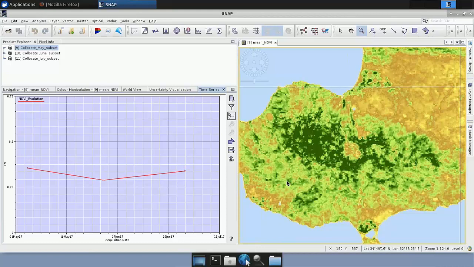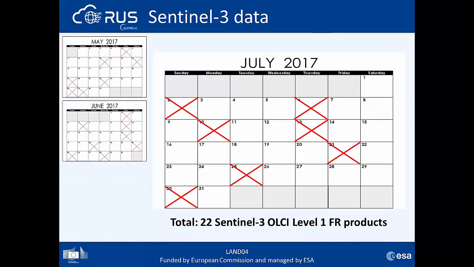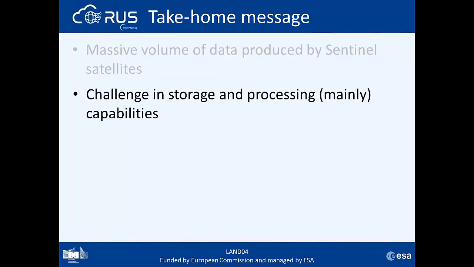I just want to now highlight a couple of take-home messages that I think are important based on what we have learned today. So let me go back to my presentation. Okay, so if we take into account all the things I have explained today, with the new Sentinel satellites, the challenge in satellite remote sensing is no longer data availability, but rather how to store and process all the information.